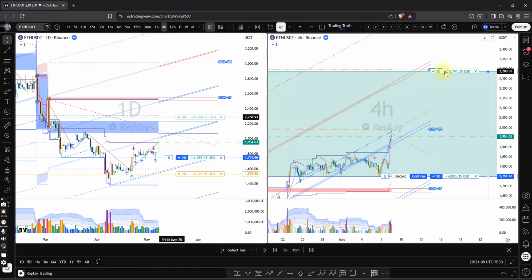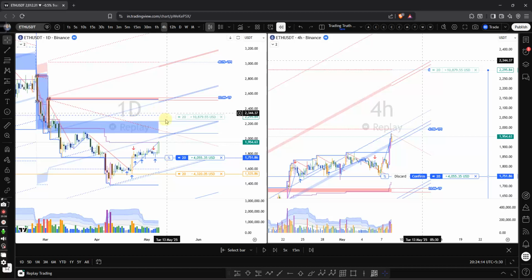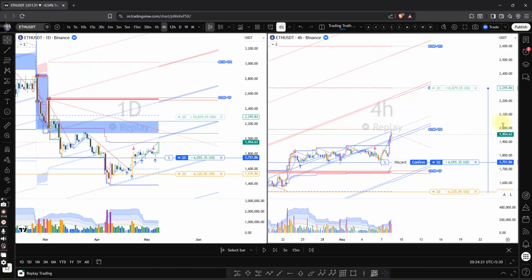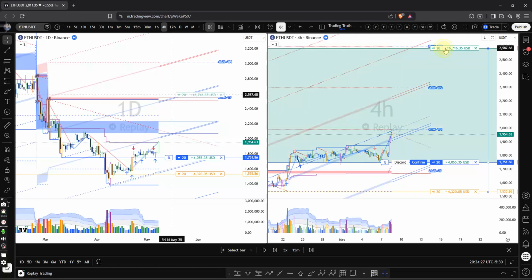And you can see this here is TP2, but if you see on the daily time frame, it's just the midpoint of this, which is basically the level we are targeting, right? So why not drag it there? Okay, why not drag it here, right?